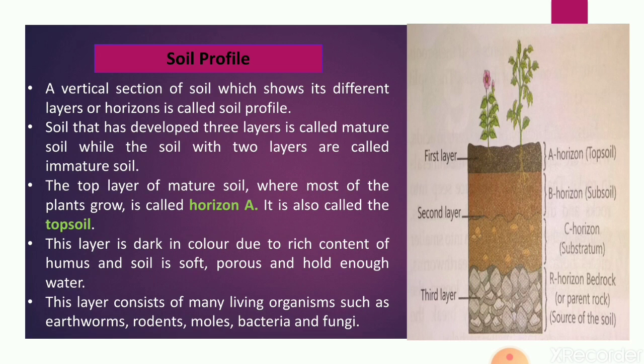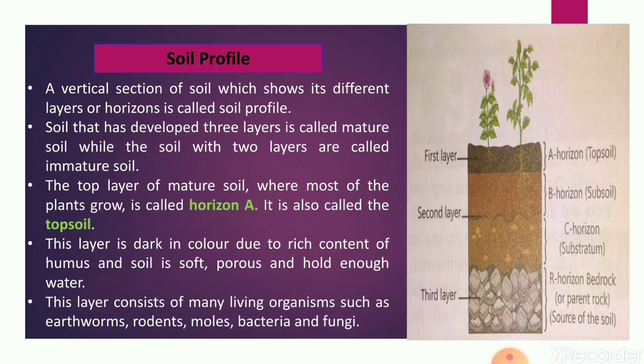Many other living organisms like earthworms, insects, rodents, beetles, bacteria, and fungi, these last two being microorganisms, are also present in topsoil, and roots of small plants are also embedded completely in topsoil.